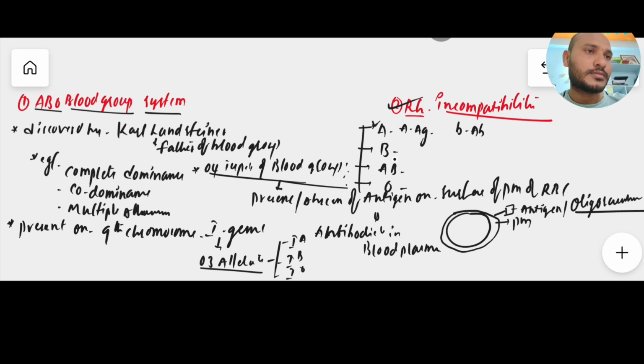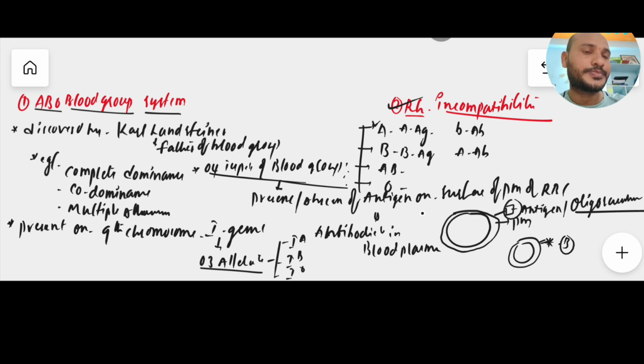In B blood group, instead of A antigen, if this is the RBC with its plasma membrane, this plasma membrane contains B antigen. If B antigen is present on the surface of the plasma membrane, such a blood group is called B blood group. The blood plasma contains A antibody.